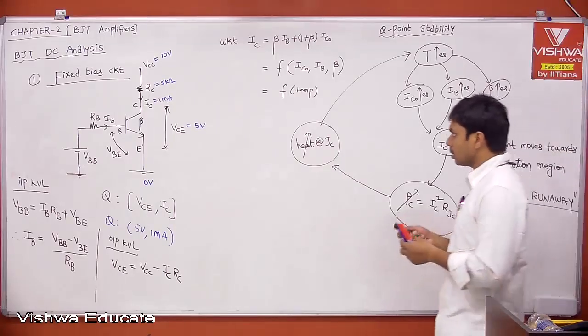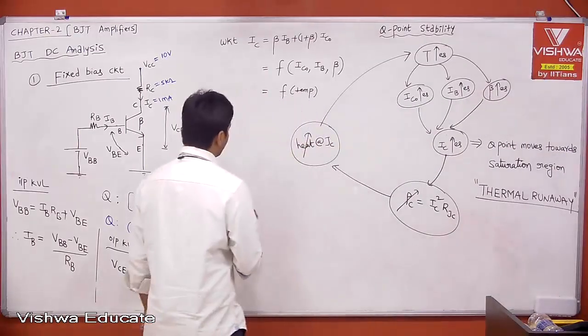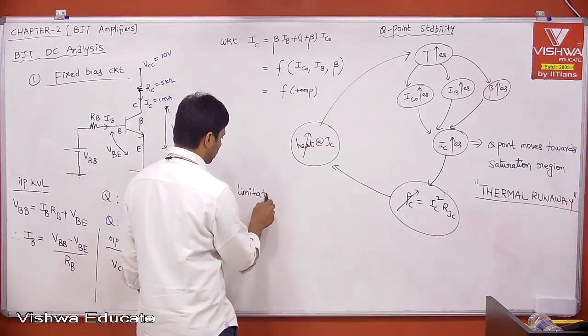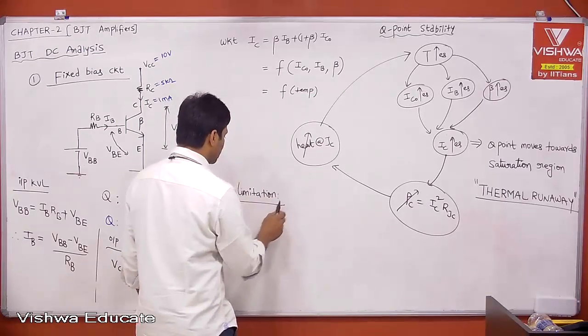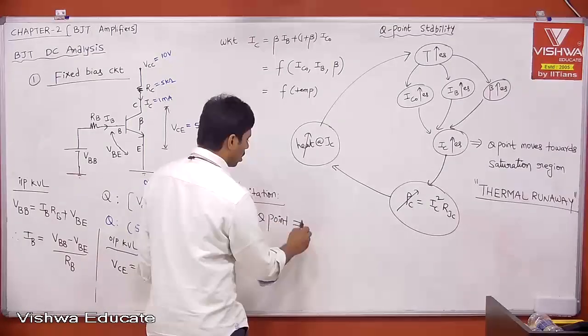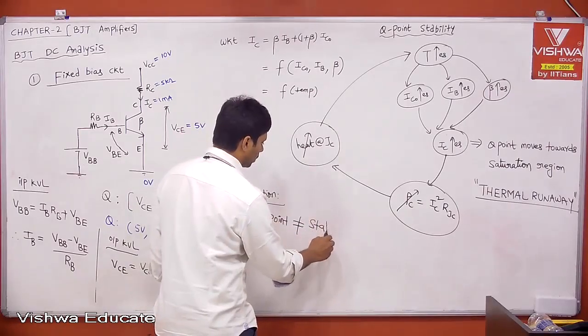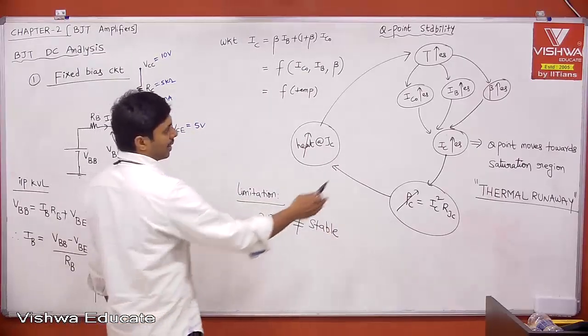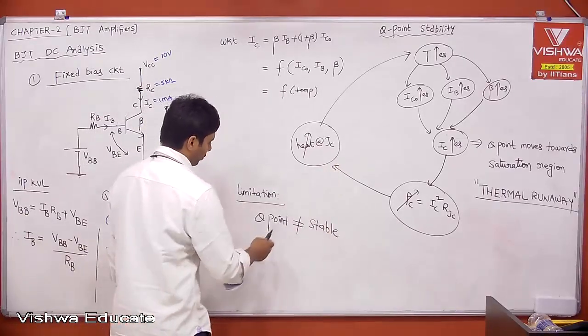Therefore, what is the limitation of the fixed bias circuit? Write down the limitation. The limitation is nothing but Q point is not stable. Because Q point is not stable, you may expect thermal runaway.